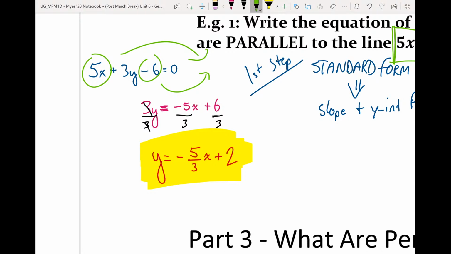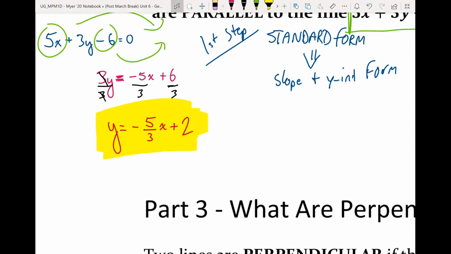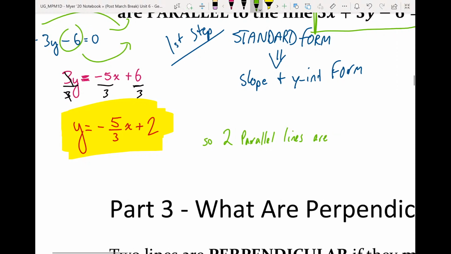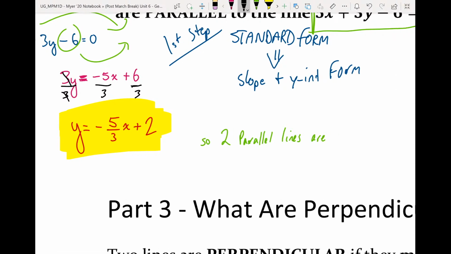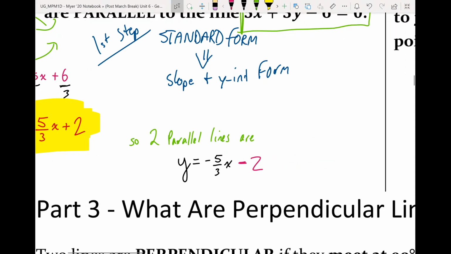All right, so if I want to put parallel lines in, I would use the exact same equation, or with the exact same slope, so I could go y equals negative 5 over 3 x, but just change up the y-intercept. So I could go like this, negative 2.